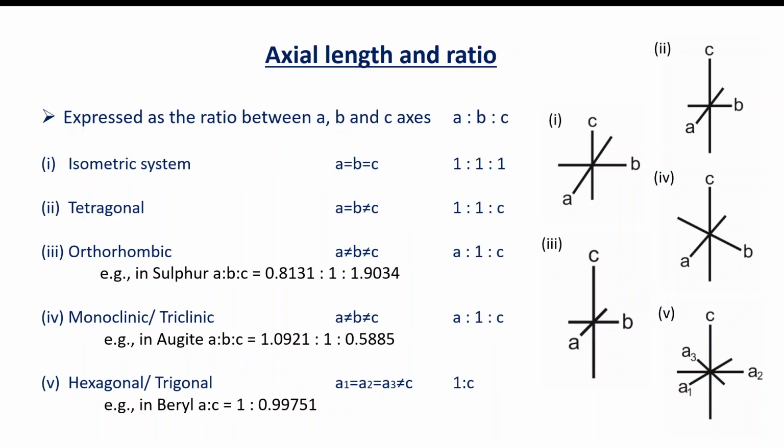So, the axial ratio can be written as 1:1:1:C, or since all the horizontal axes have exactly the same axial length, you can also simply denote it as 1:C.